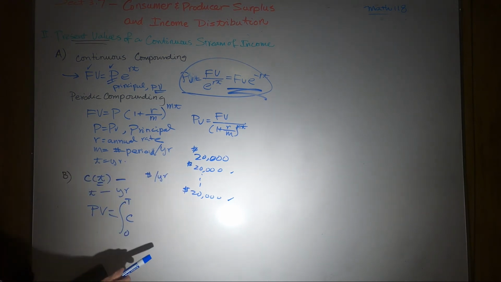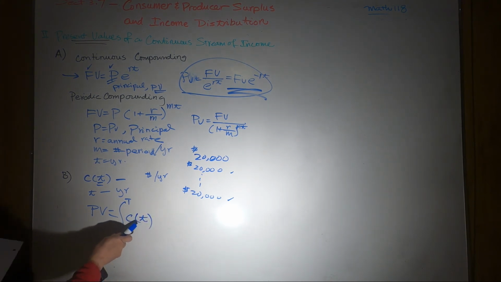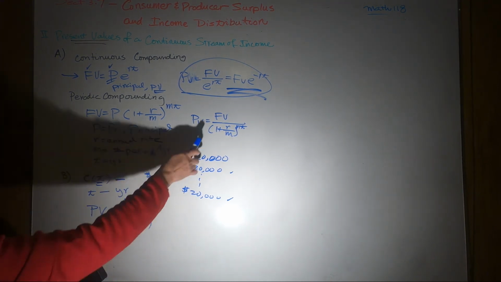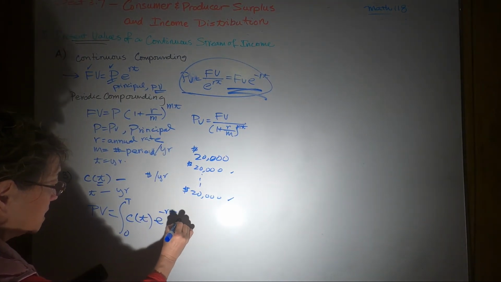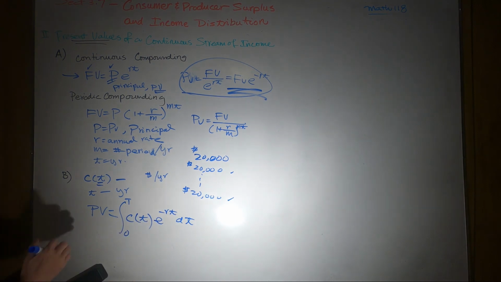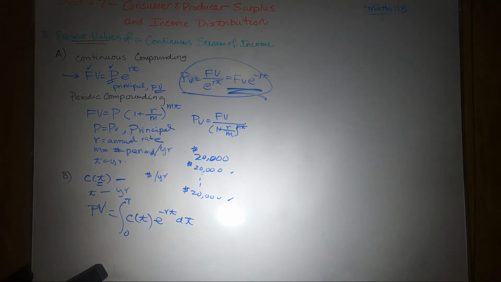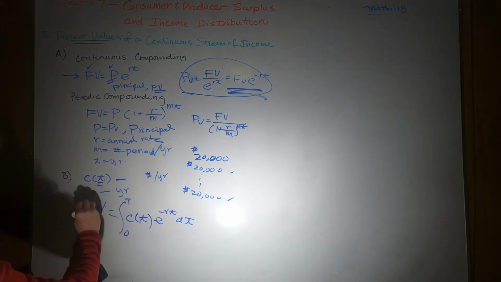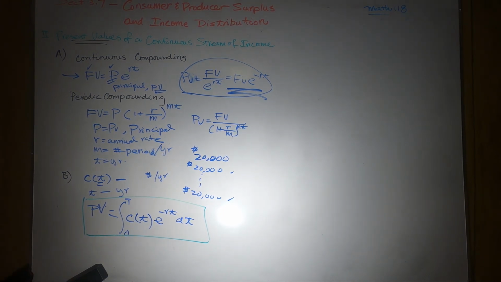So you take the value at the time times e to the negative RT against the time, and that would be your present value. You will use this formula to calculate your present value. That's what you need to know.